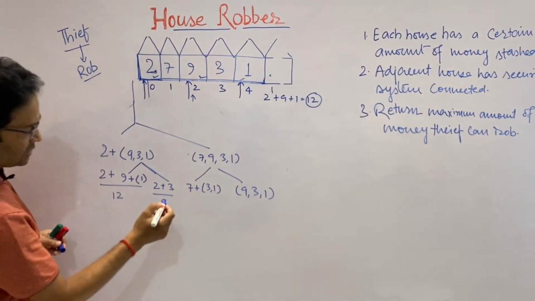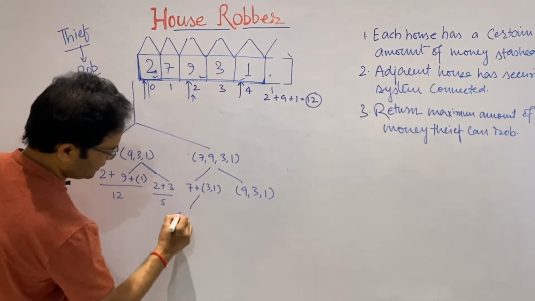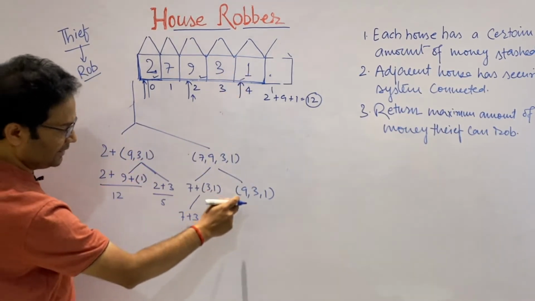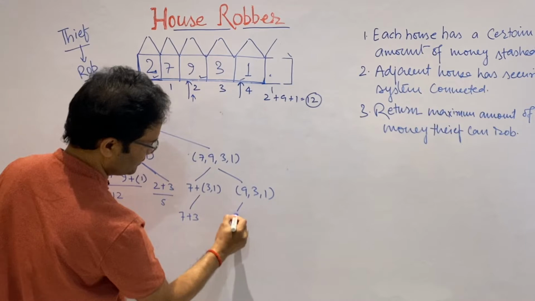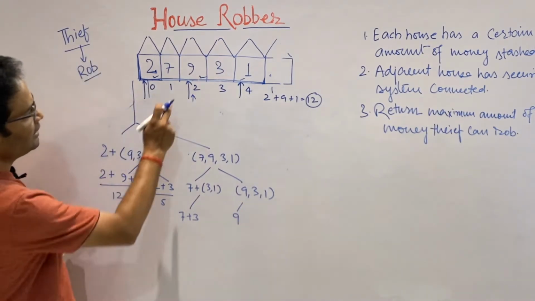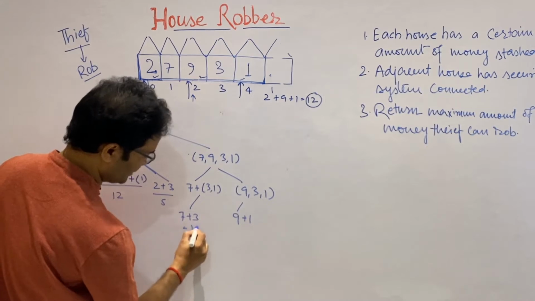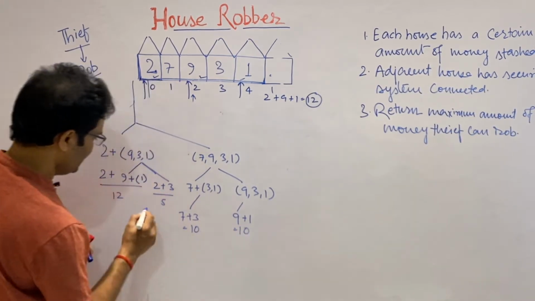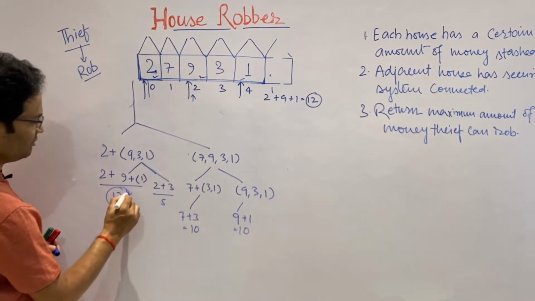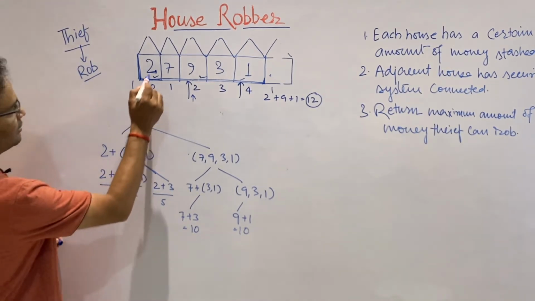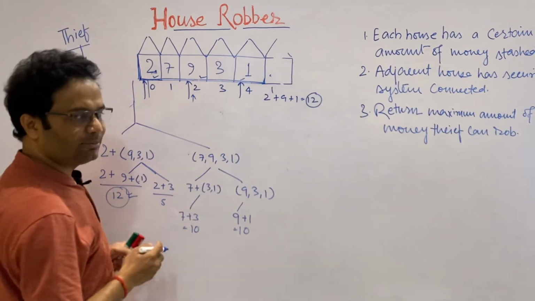Suppose after 7 he chooses the 3, then he cannot take the 1, and here they choose the 9. The moment they choose the 9, they have only one option, the 1. So here you can take the 10, here 10, here 5. In this case, this is the 12. So the best ideal option is 2, 9, 1, to take the maximum one.